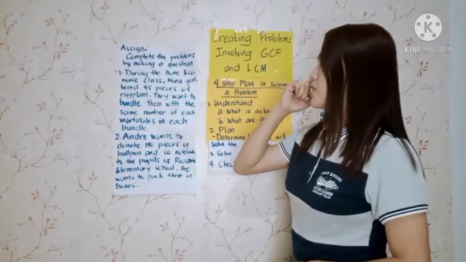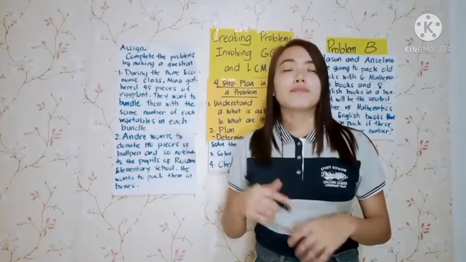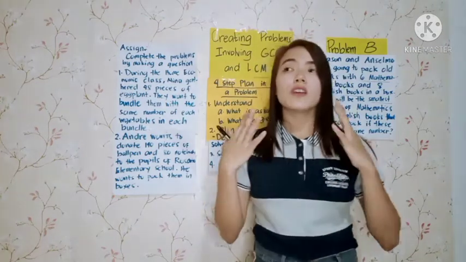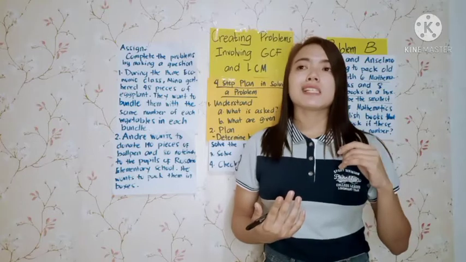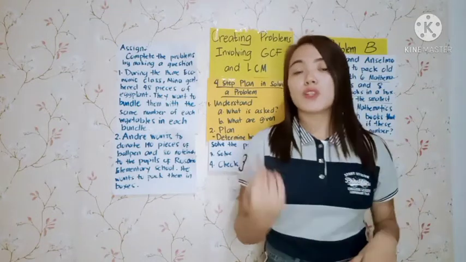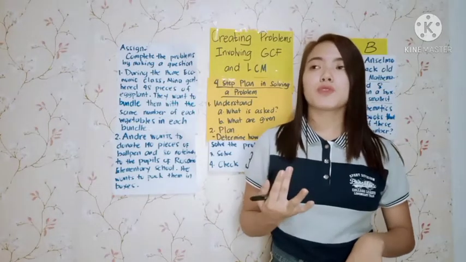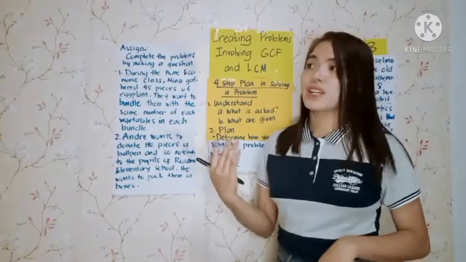So, ano ba yung problem? May binigay ako sa inyo na mga certain words or tips kung paano gumawa ng problem kung GCF ba siya or LCM problem. So, may binigay ako sa inyo kanina.